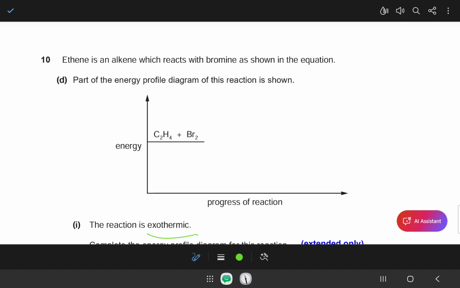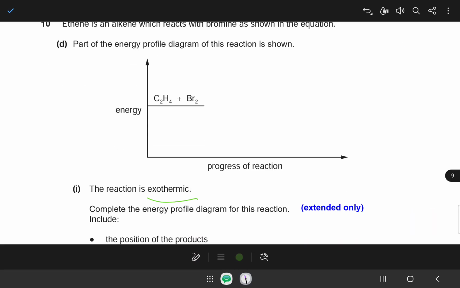They give us the reactants, C2H4 plus Br2. Since we have to show our activation energy, we're going to have to make it like a hump. So like this, and then it goes like this. And then here will be our products, C2H4 plus Br2, that's easy.